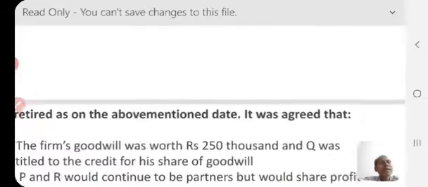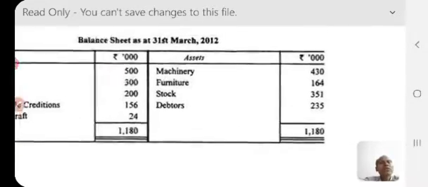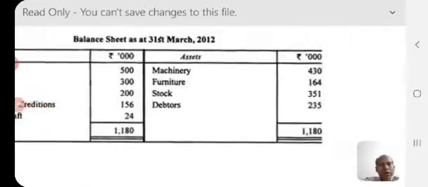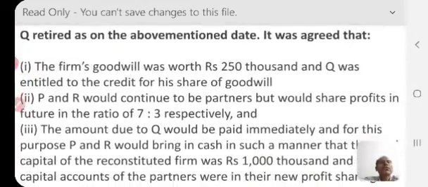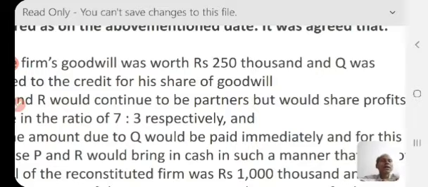Is any goodwill given in the problem? No. Now, for the first time the goodwill is created, 250, and Q is entitled to get the share of goodwill as per the ratio.